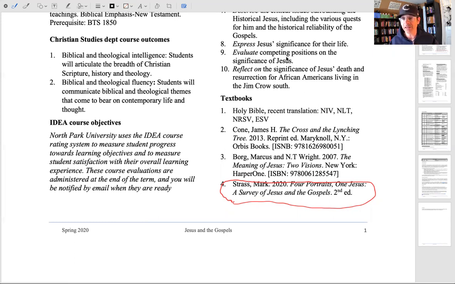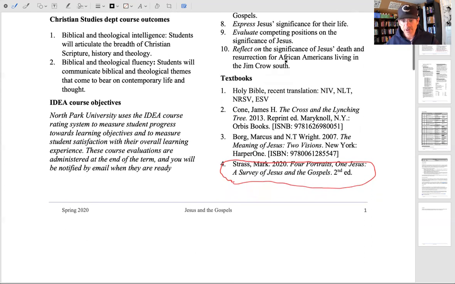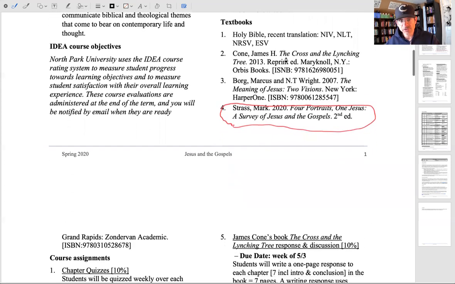We're jumping in the first week, this first week coming up. So get that book as soon as possible. There is a first edition and a second edition. I want you to get the second edition, please. Okay, so those are the textbooks.